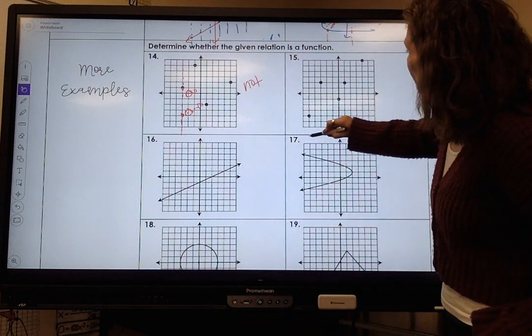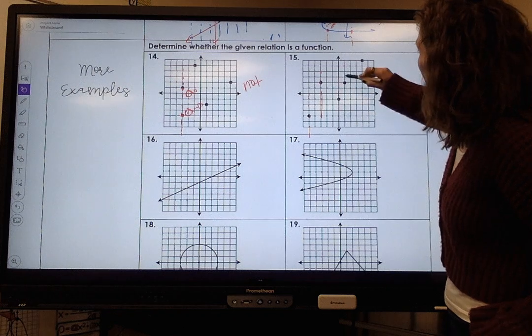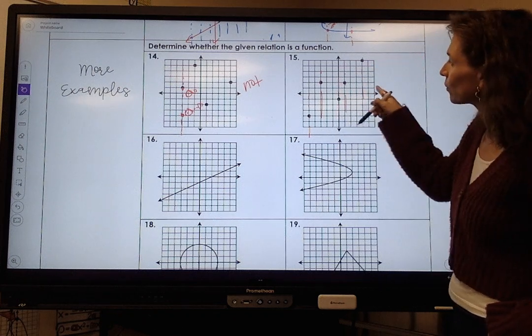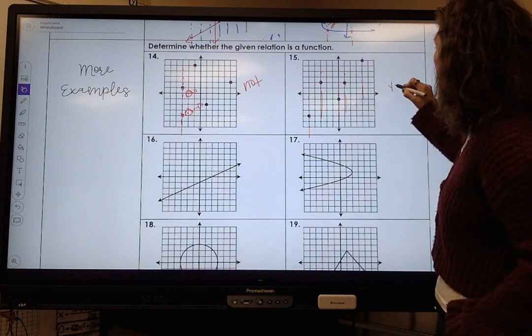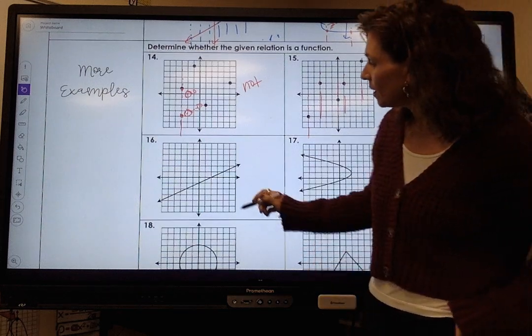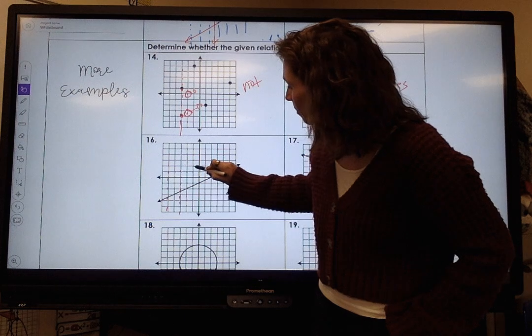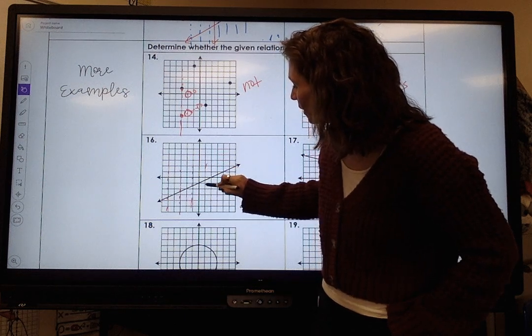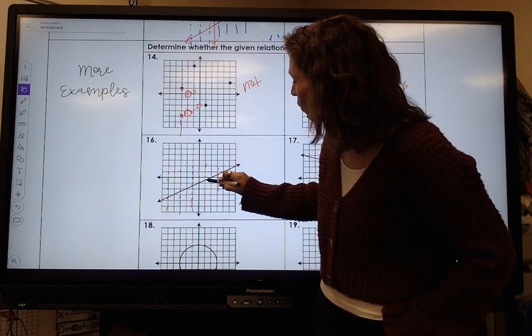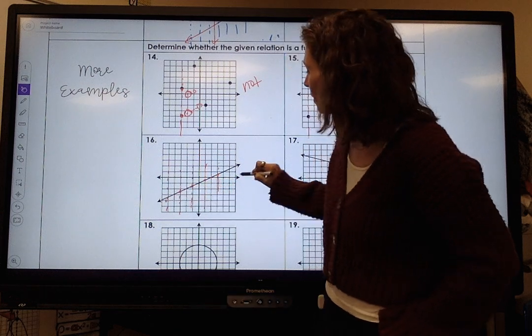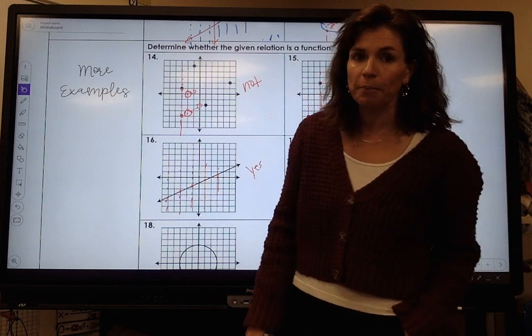On this one, if I drew an imaginary line, my imaginary lines are only going to intersect that graph one time, so yes, it's a function. Same thing on my example up here. If I drew an imaginary line, my imaginary line is only intersecting that graph at one point each time. So yes, it is a function.